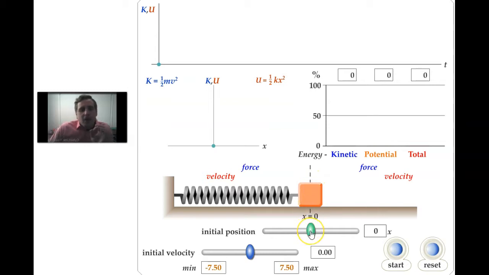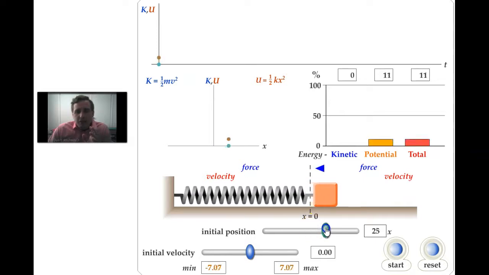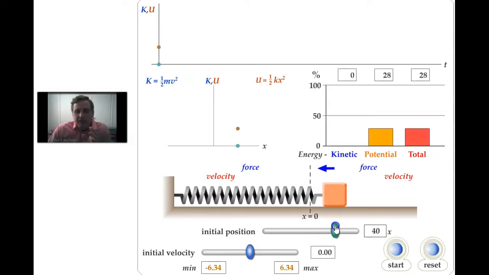So let's first think about if we're just going to do a pure cosine function in terms of x versus t. I think that we should start off with all elastic potential energy at first. And that is indeed what we see. Notice that all the potential energy is the total energy to get started here.